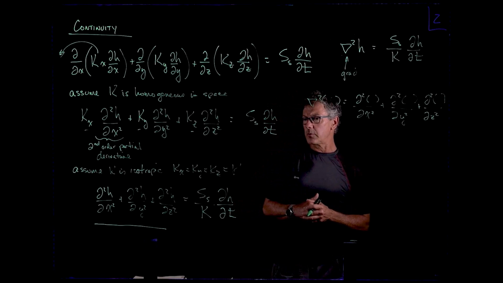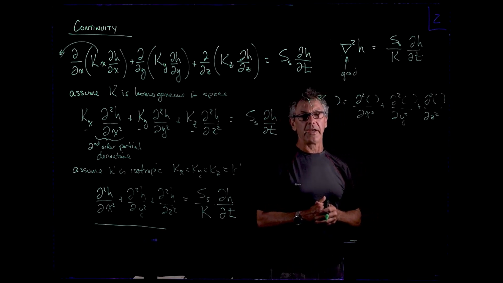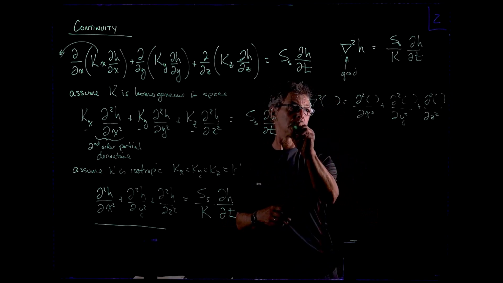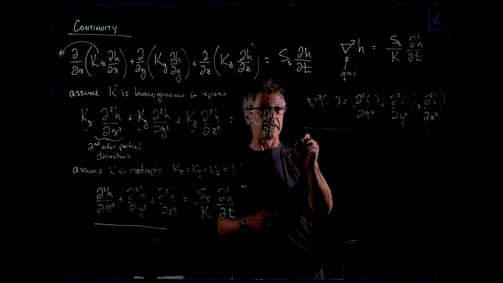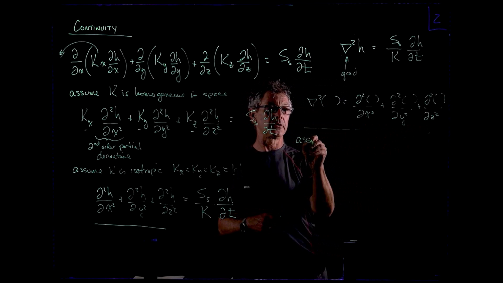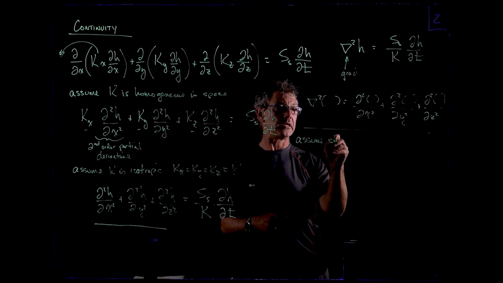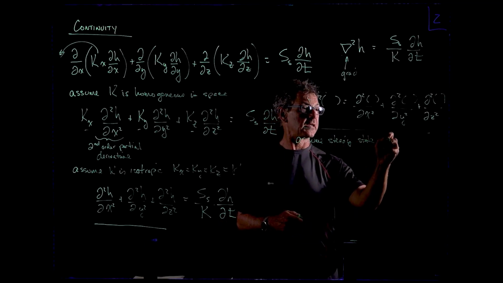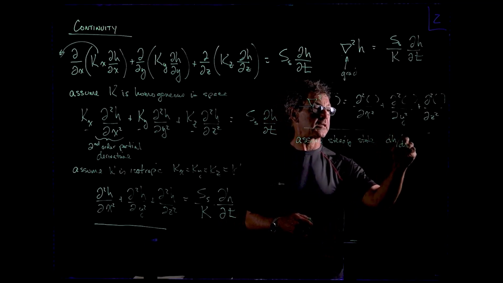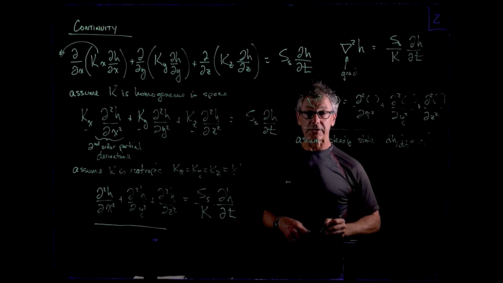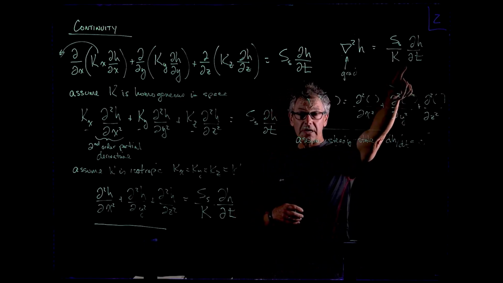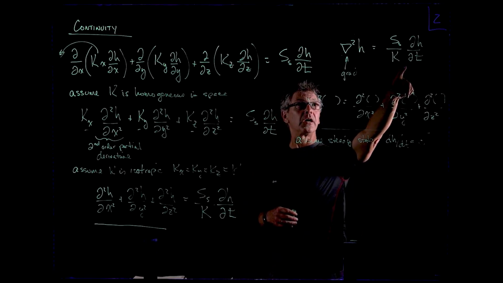So one more thing, what if we assume that we have a steady state? So I'm going to squeeze that in over here, so we're going to assume steady state, meaning dh/dt is equal to 0. It's not changing with respect to time. So that means this entire right-hand side goes to 0.